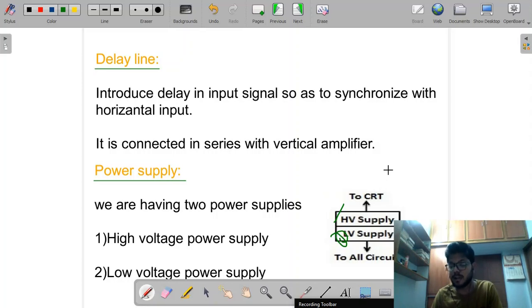I have said that in the CRT we are using a vacuum. For the vacuum generation we need to give very high voltage. But if you give the same high voltage to other devices, they will definitely be damaged. So we need to reduce the voltage, and we use two voltages: high and low.